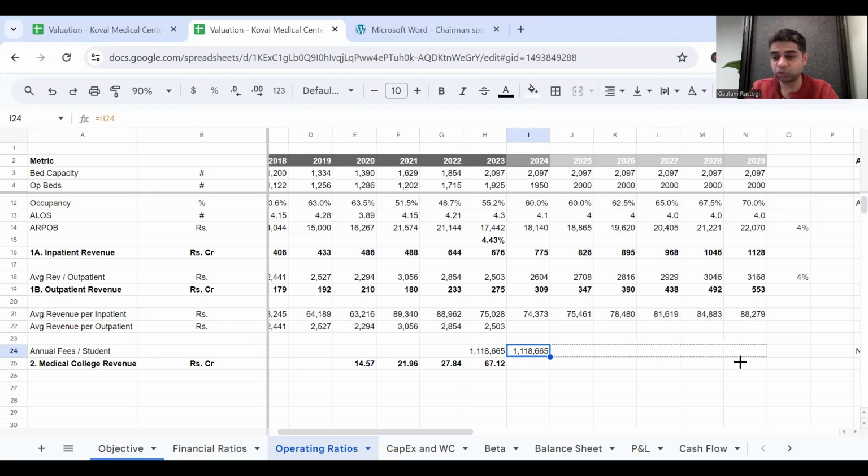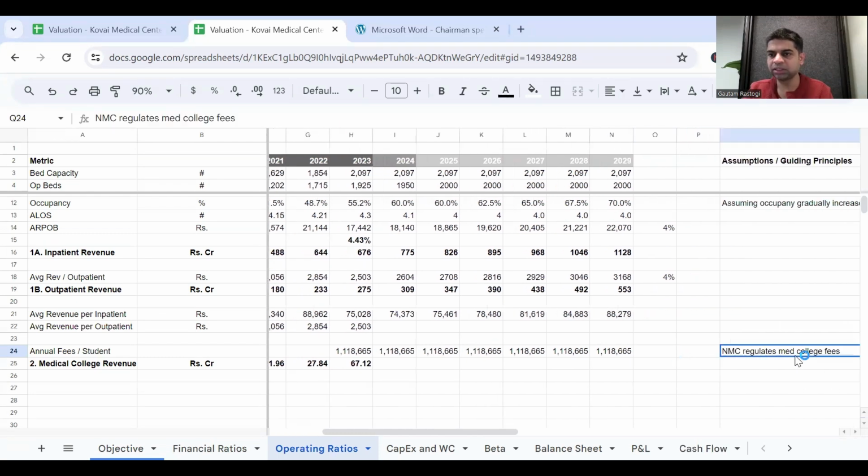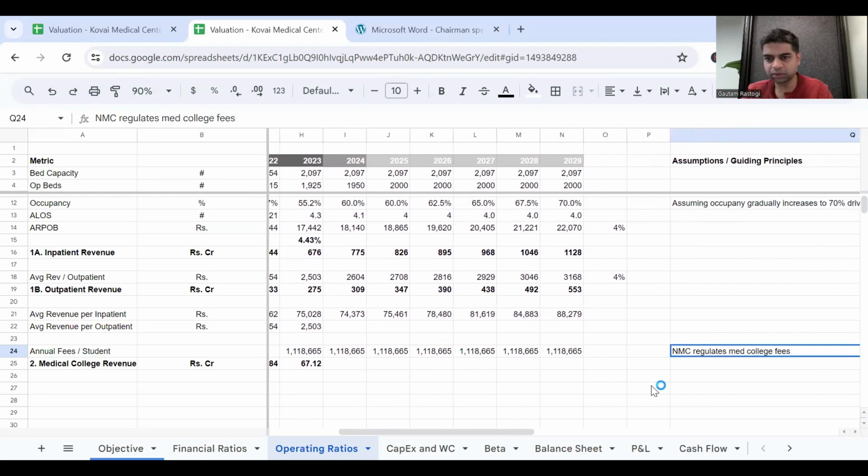And the reason why I'm not assuming any increase is because of NMC. The National Medical Commission regulates fees for these private medical colleges. And in fact, last year there was a ruling that these private medical colleges should reduce the fees for a portion of the seats. So this is the reason that I have documented here.